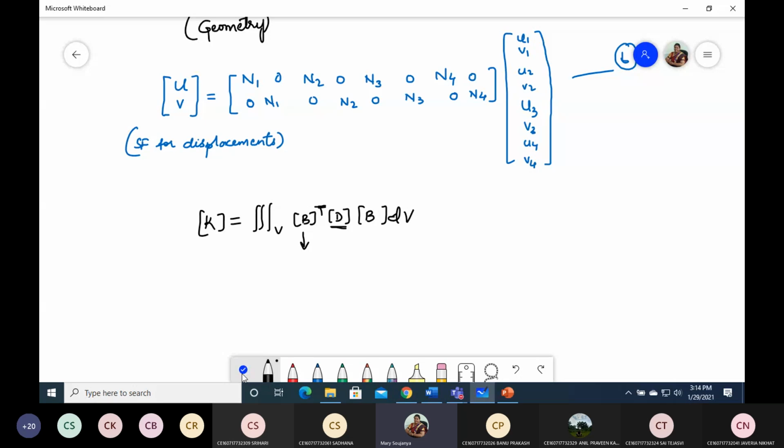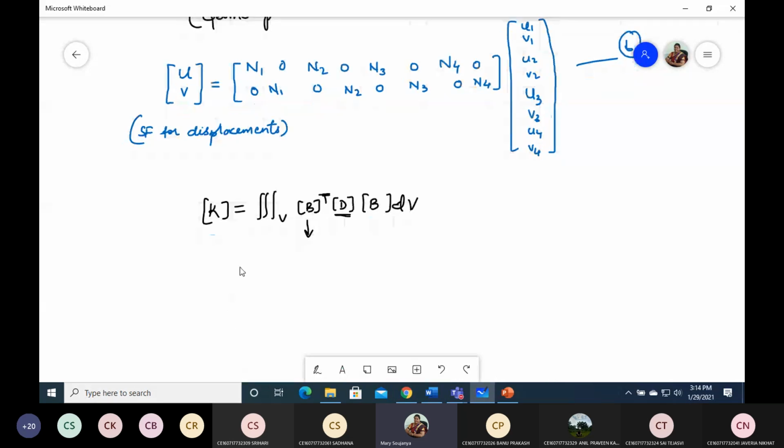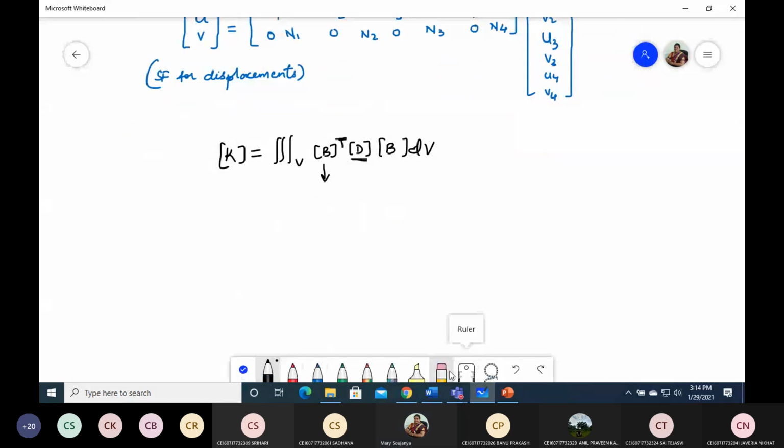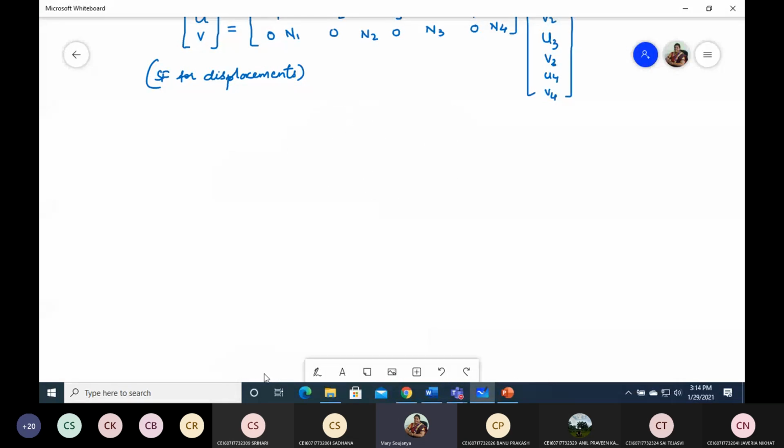Now I hope you remember what the Jacobian matrix is. If you don't, we are doing it here, no worries. Write down the relation between the coordinates.